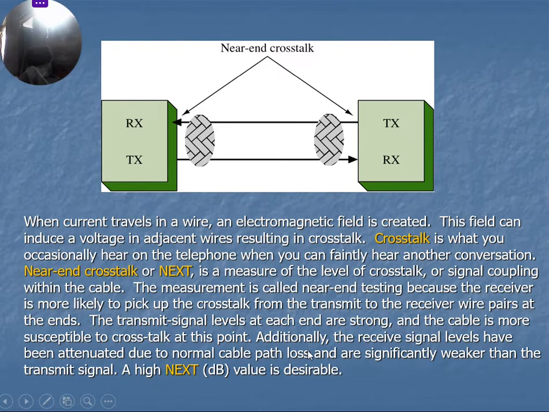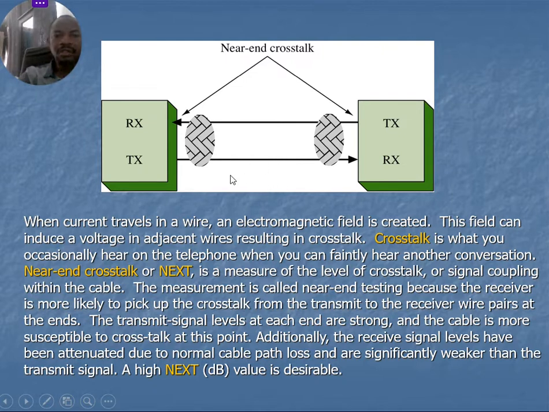Now additionally, the received signal levels have been attenuated due to normal cable path loss and are significantly weaker than the transmit signal. So the signal that you transmit from here is stronger than the signal being received from here. One of the factors is the path loss. There's insertion loss. There is crosstalk.